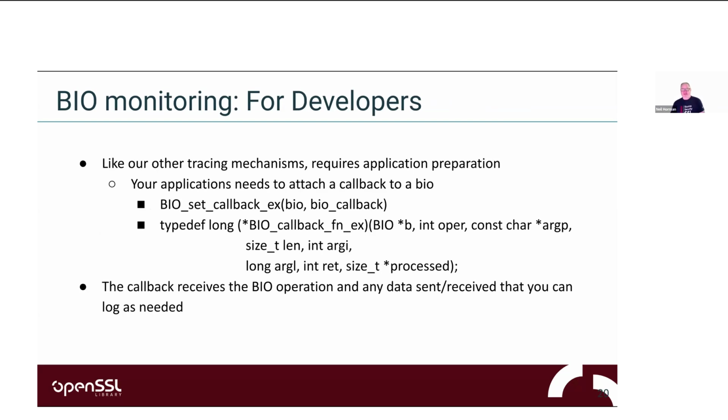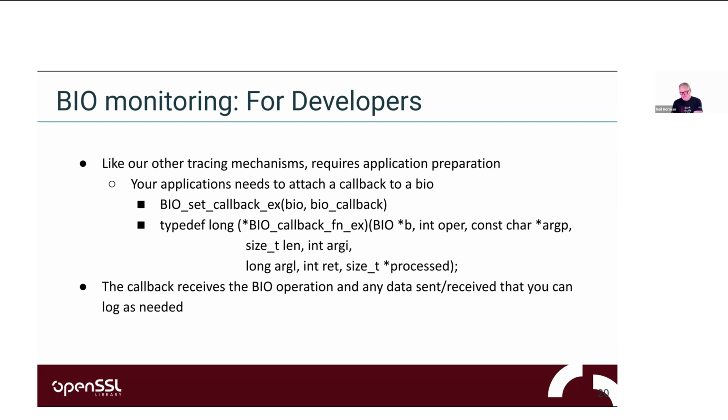I/O. For developers, like any other tracing mechanism in OpenSSL, with the exception of the Error API, it requires some level of application preparation. Most notably, it has to be enabled. The application needs to attach a callback to a BIO, i.e. your application has to call BIO_set_callback_ex, to which you pass a BIO object, which is the input-output object you're using, plus a function that gets called back when anything is read from or written to that BIO.